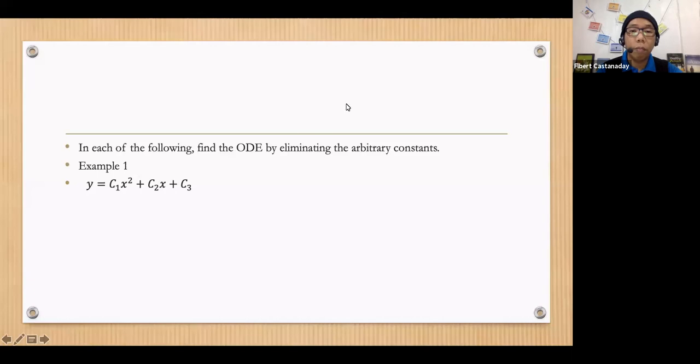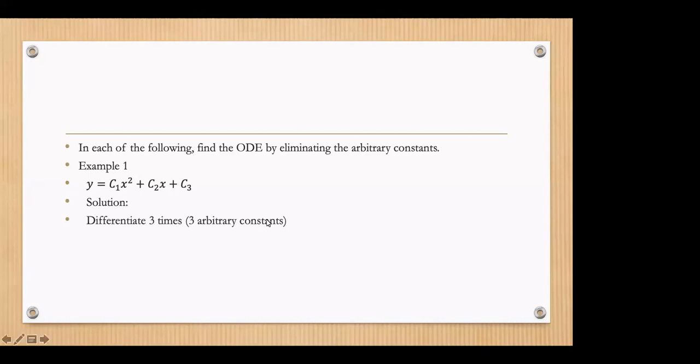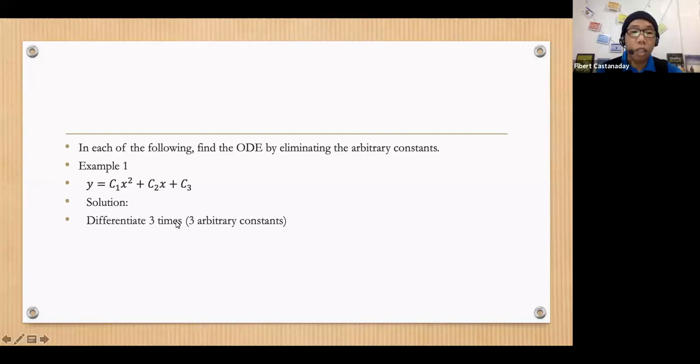So it means that we are going to differentiate the given equation three times for us to arrive at its differential equation. Again, the order of that differential equation depends on the number of arbitrary constants present in the given equation.